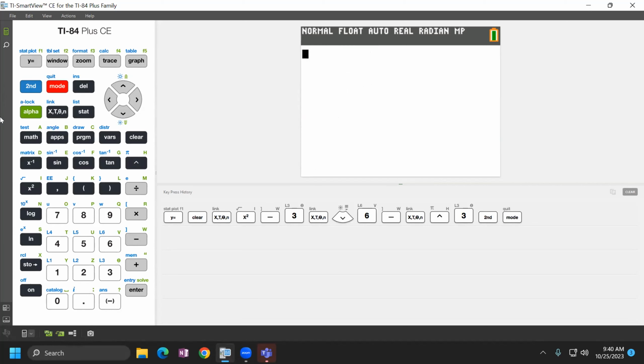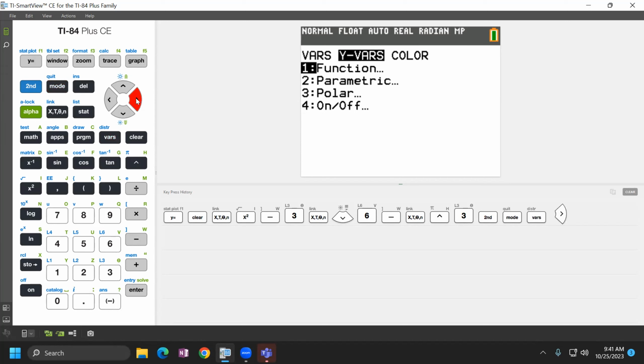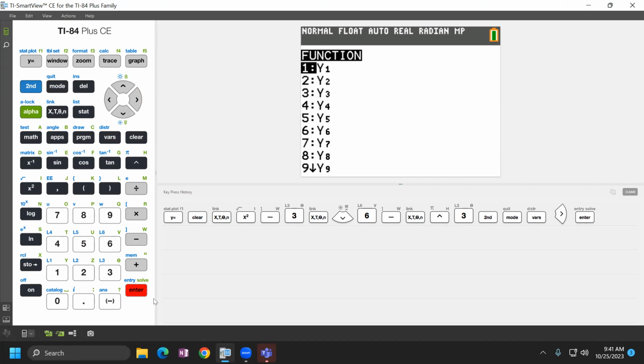Okay, so the first thing I'm going to find is f plus g at -1. So f plus g at -1 is f of -1 plus g of -1. So I'm going to go find that variable. I'm going to go to my variables menu, my y variables, my function variables, and I'm going to hit enter on the y1. And to evaluate that at -1, I just put it in parentheses.